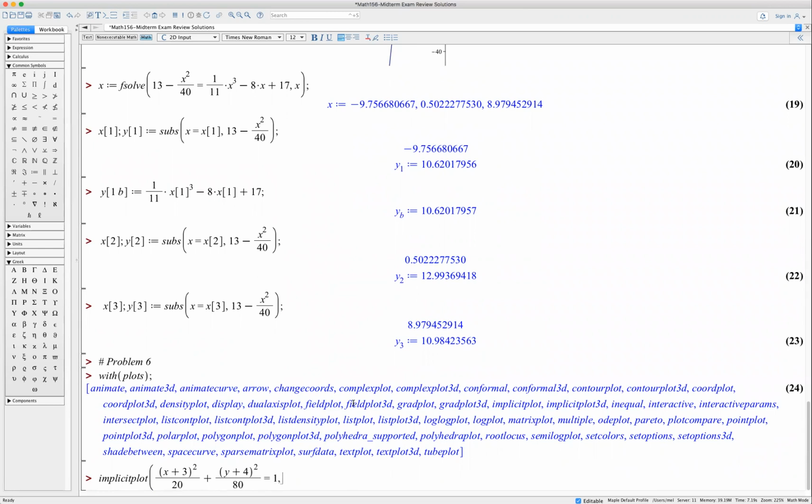So we know that's going to be an ellipse. Let's say x goes from minus 10 to 10, and y goes from minus 10 to 10. Let's just start with that and then modify it if we have to.